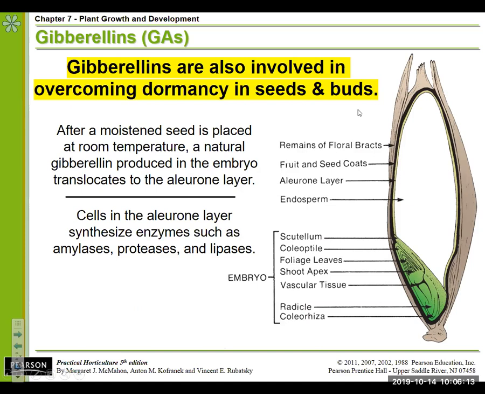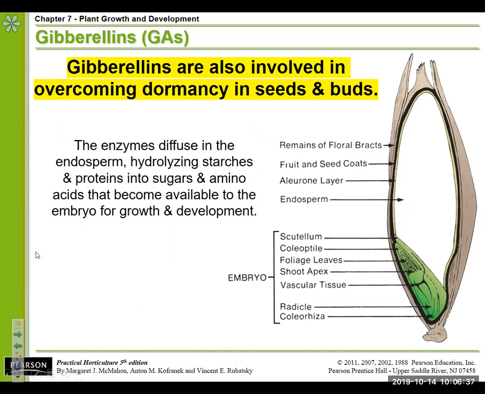When we try to get a seed to germinate, it's naturally catalyzing that gibberellin that is produced in the embryo and moving it to the seed coat so that it breaks the dormancy of the plant, which causes the genetic changes, utilizing those enzymes and synthesizing the proteins that then become available for the embryo to grow and develop.